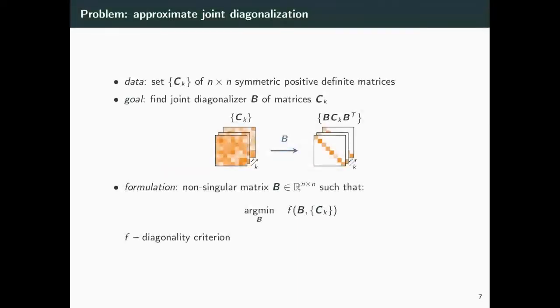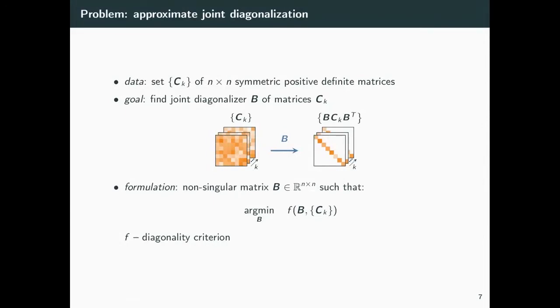So the idea of approximate joint diagonalization here is that we have a set of K symmetric positive definite matrices, and we aim at finding a joint diagonalizer B, so a non-singular matrix B, such that the transformed matrices B C_K B transpose are as much diagonal as possible.